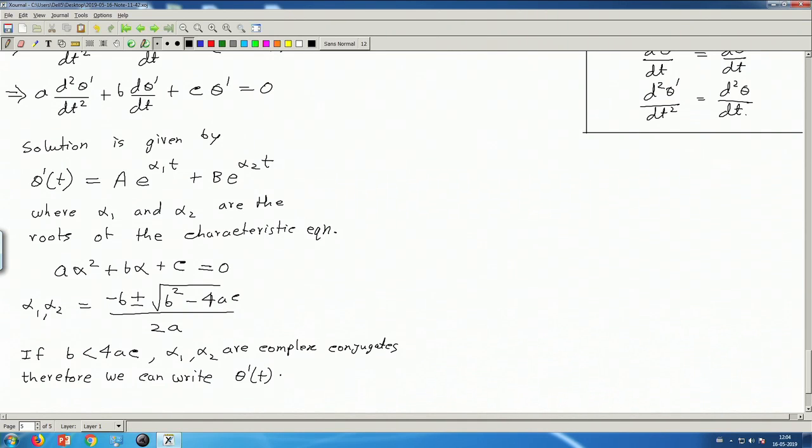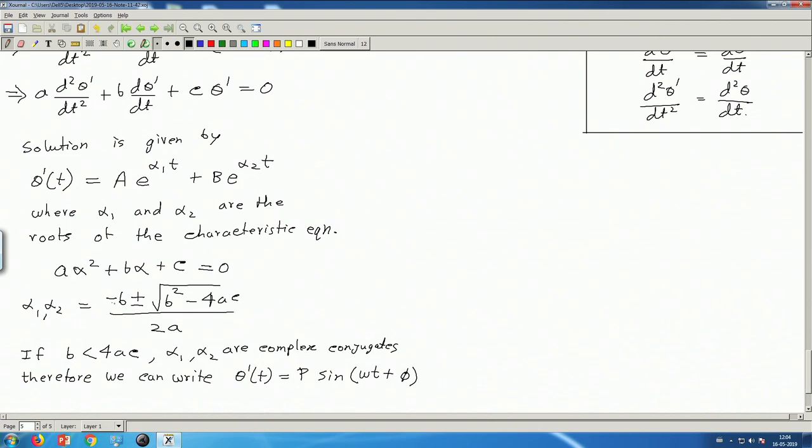So this will be of the form of some constant, let's call it p, times some sine of omega t plus some phase phi.